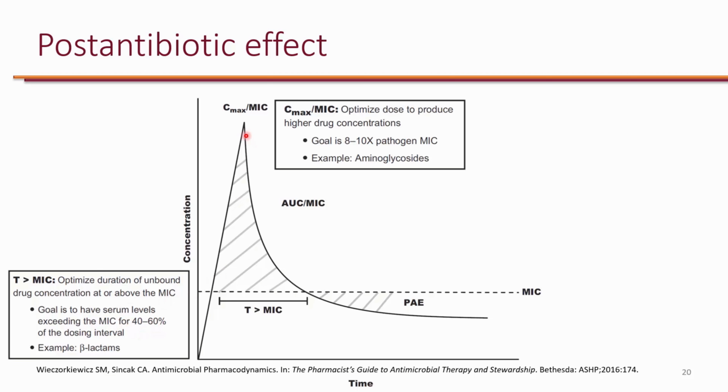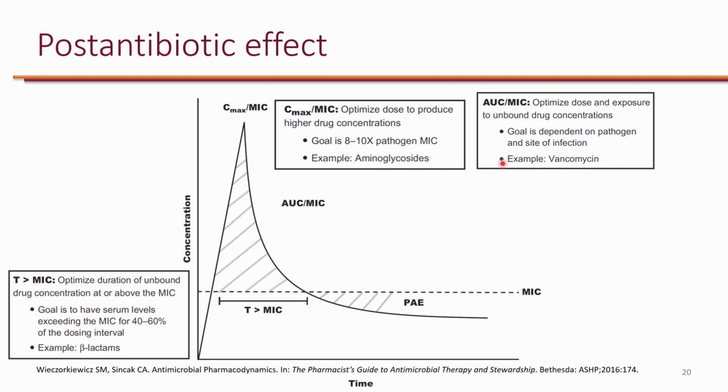Now, the ratio of peak to MIC is used for concentration-dependent antibiotics such as aminoglycosides. Our goal is to have a peak to MIC of 8 to 10 times the MIC. So if the MIC happens to be 1, we want the peak to be 10, for example. Whereas if the MIC happens to be 2, then you want the peak to be 20. So 10 times 2 would be 20.